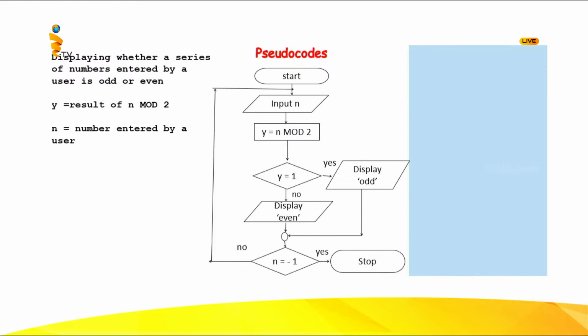So when a user starts to do this, we have to say when to stop. So indicate the condition to stop. Here I have used my criteria as n equals -1. When the user is tired of entering the numbers, he can input -1 to stop the program. Otherwise it will always ask to enter a number.